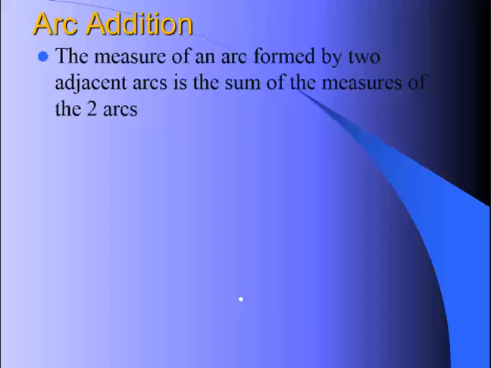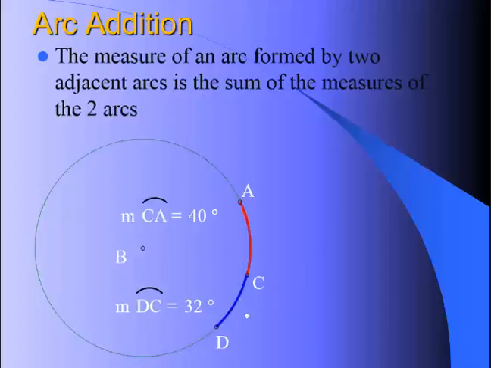So if we put two arcs side by side and we know the measure of both, then the big arc that they make is just going to be the sum of their two measures. Right? So arc CA here in red plus arc DC here in blue will make this whole big arc AD. So if one is 40 and the other is 32, then together they should make 72.